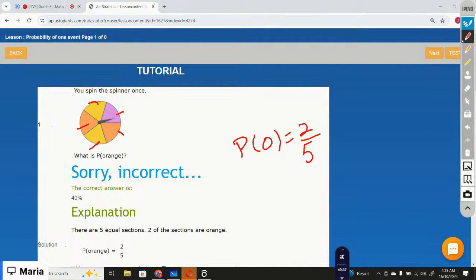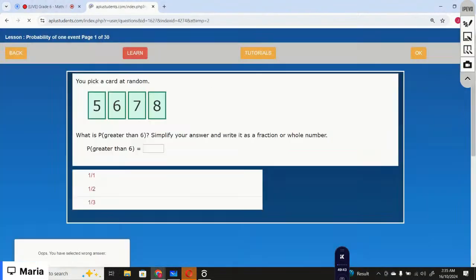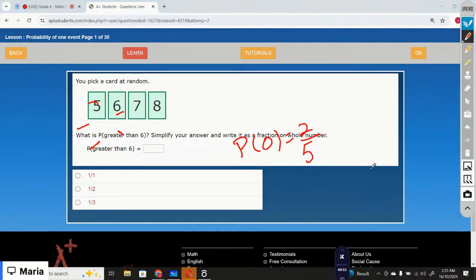Okay, let's start with the test questions. You pick a card at random. What is the probability of a number greater than 6? Okay, so just look at the cards. You have a total of 4 cards. Out of 4, you have only two numbers that are greater than 6.